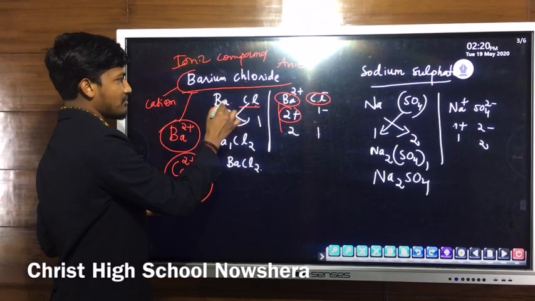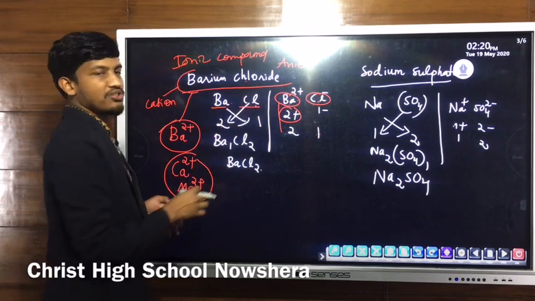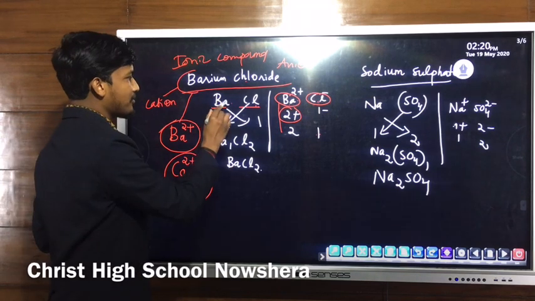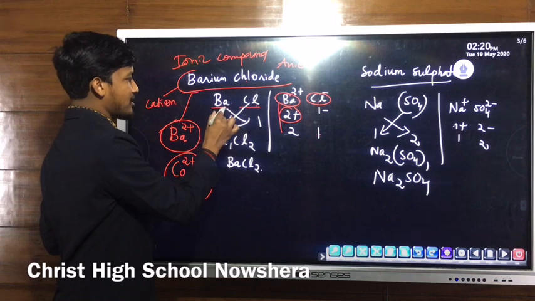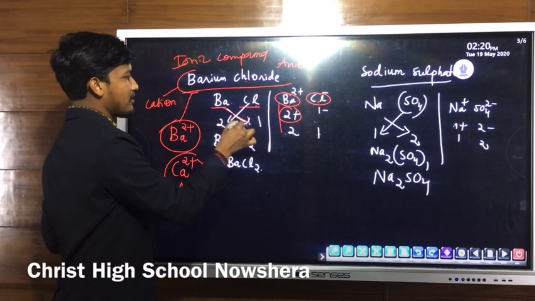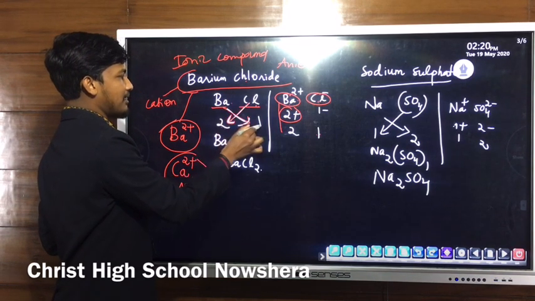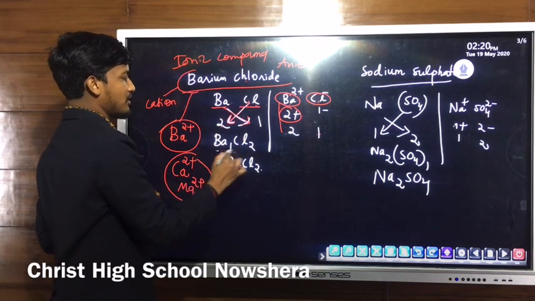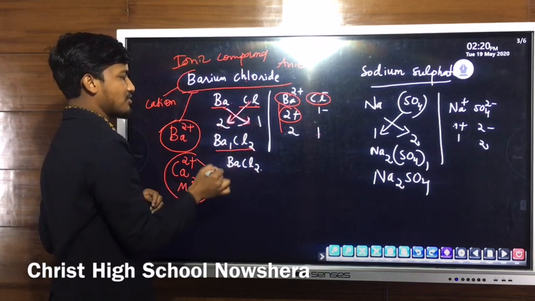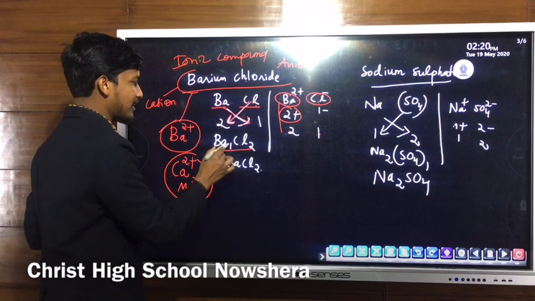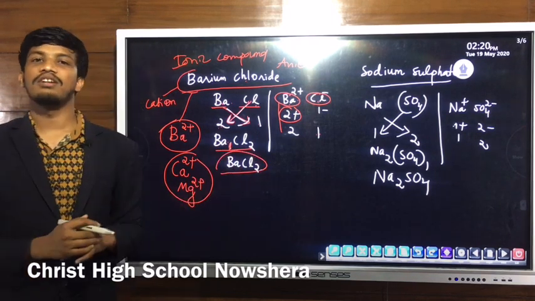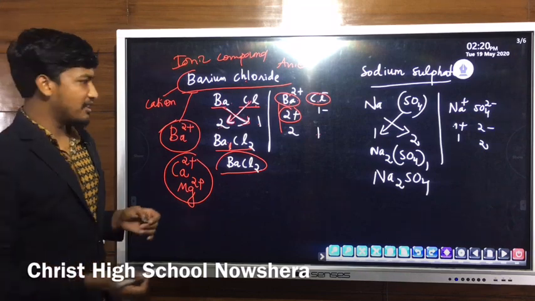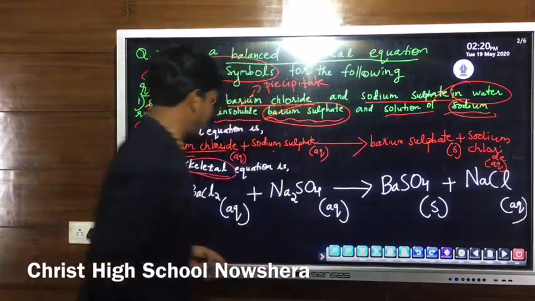Ba is monoatomic, Cl is also monoatomic, both contain only one atom. Then exchange the valencies: Ba1 Cl2. If the number is 1, we can avoid it, and we get BaCl2. So the chemical formula of barium chloride is BaCl2.